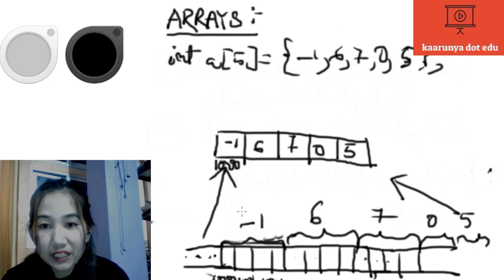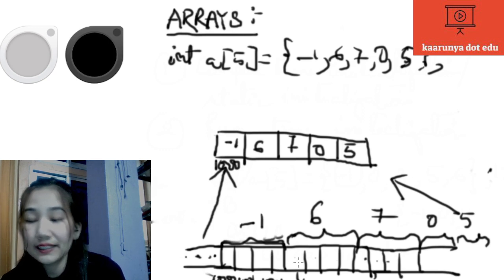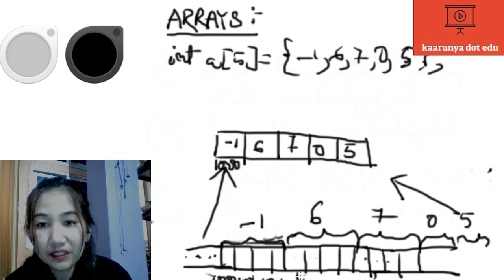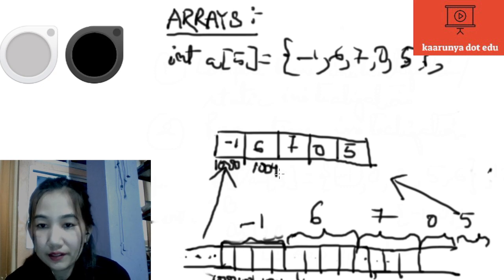But from 1000 to 1003, it is occupied, so it cannot be used by any other variables or elements. It is obvious that the next one will start from 1004. The address of the next byte is nothing but 1004. That is why we have written 1004 here, right?